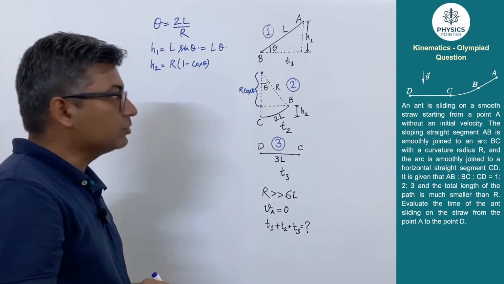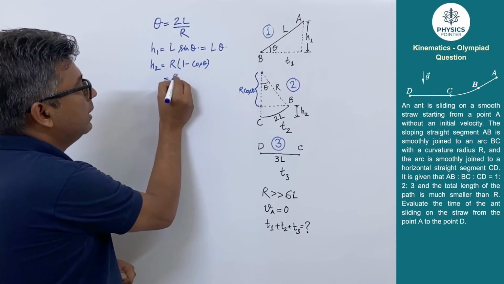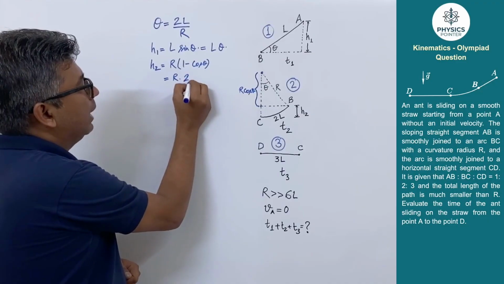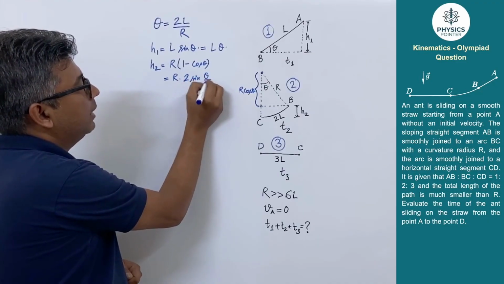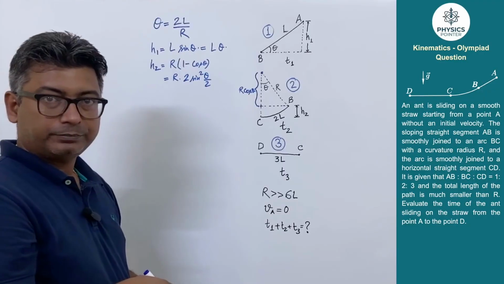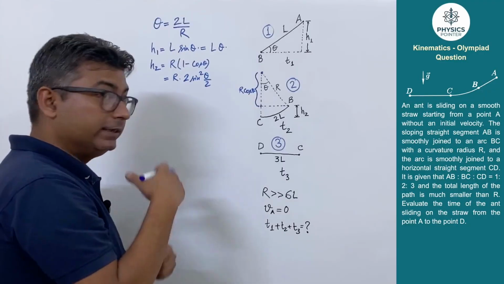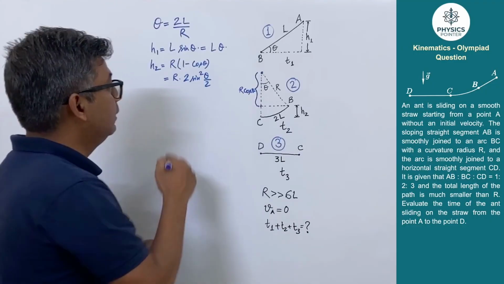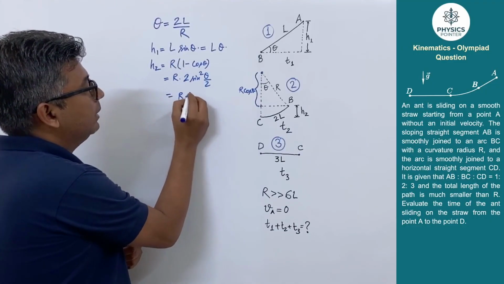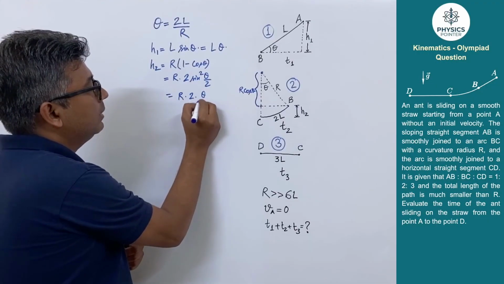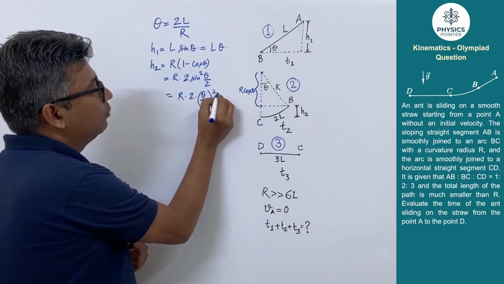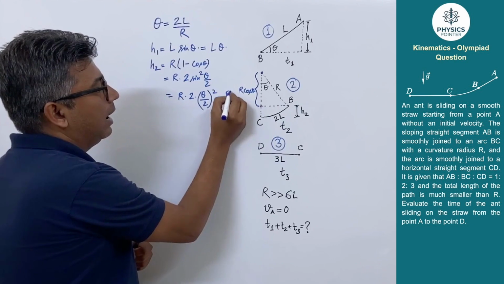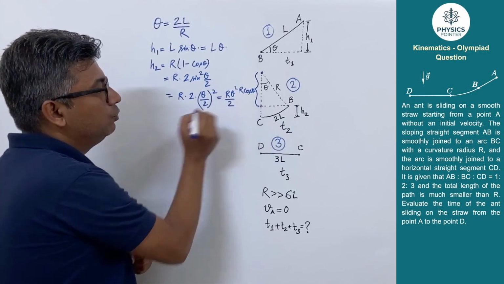And what is 1 minus cos theta? It is 2 times sine square of theta by 2. Now theta is much smaller, so theta by 2 is further smaller, so I can simply write R times (theta by 2) whole square. And this comes as R theta square by 2.